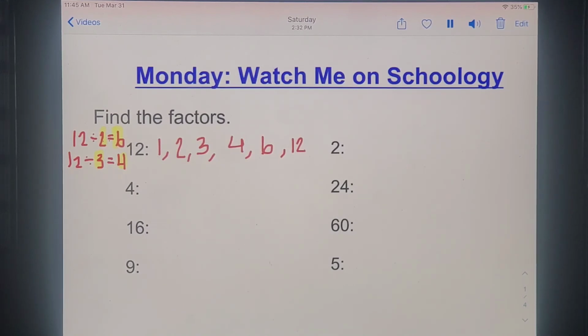Next, we would try in our calculator 12 divided by 4. For that one, you would get 3. But if you look, we already have 3 right here, and we already have 4. So that means that we are finished.